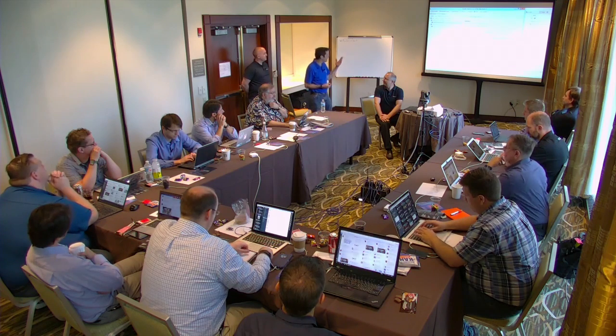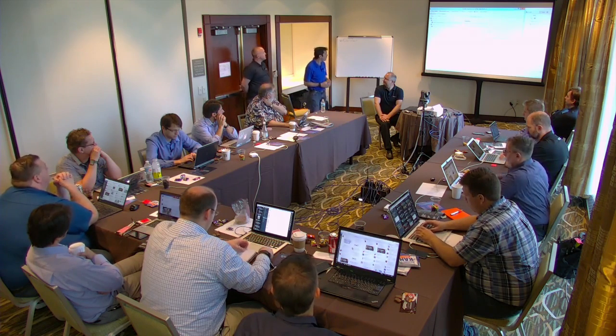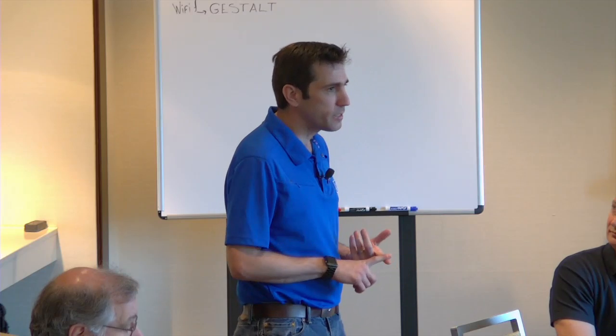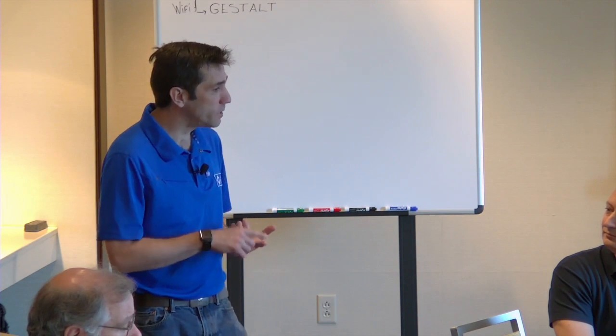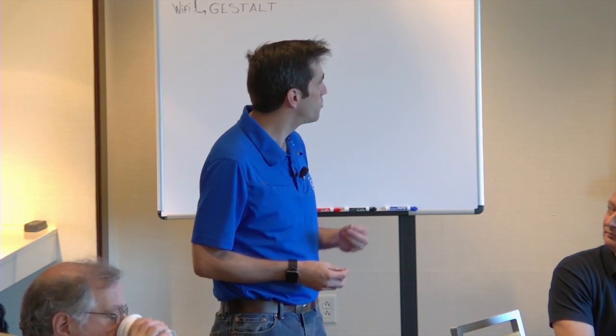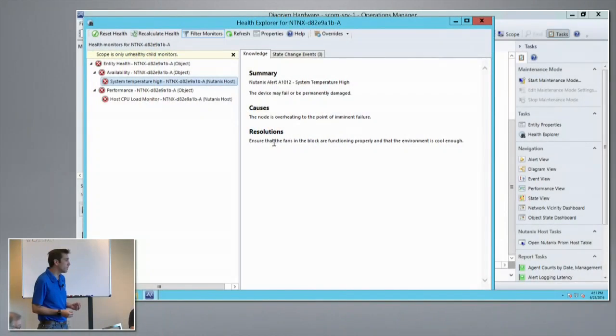There's a lot of noise out there, and being able to drill down in a very short and easy manner is key. Around this particular system temperature high alert, I would immediately ask: is there a fan gone in the system? Is there something I have to have replaced? Is there a particular workload that may be causing high CPU contention? There are a lot of different reasons, and having the ability to drill down and look at these correlations is very, very important.